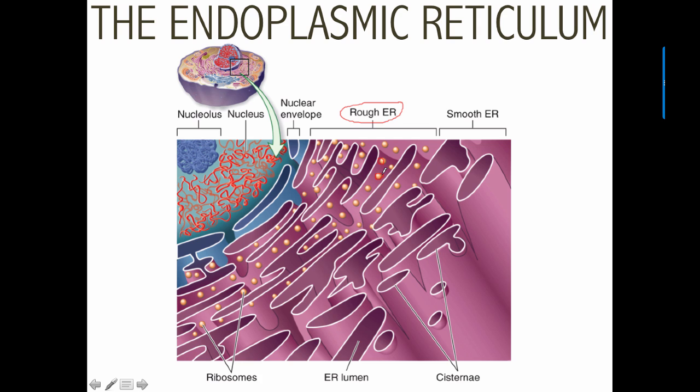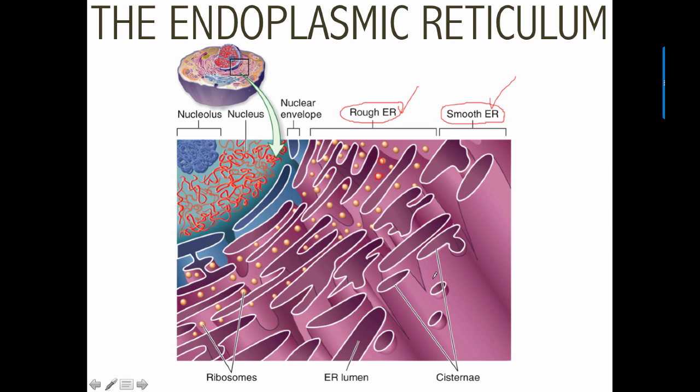That's the hallmark of the rough ER, and it generally is closer to the nuclear envelope than the smooth ER. The smooth ER is biochemically and functionally very different from the rough ER. It lacks ribosomes and does some different functions. I'm going to leave it to you to read in your textbook the functions of the rough ER and the functions of the smooth ER. So I'll leave that to you. So we've got rough ER and smooth ER.